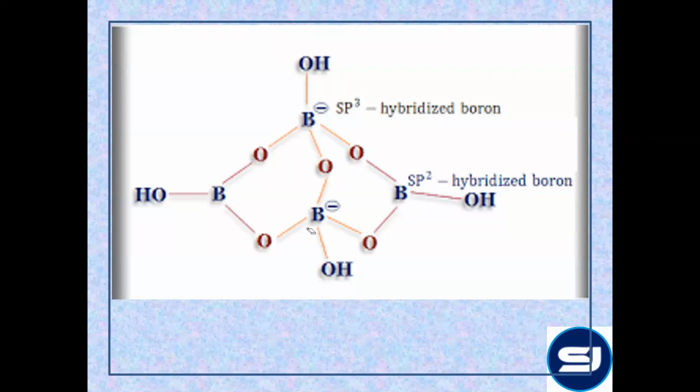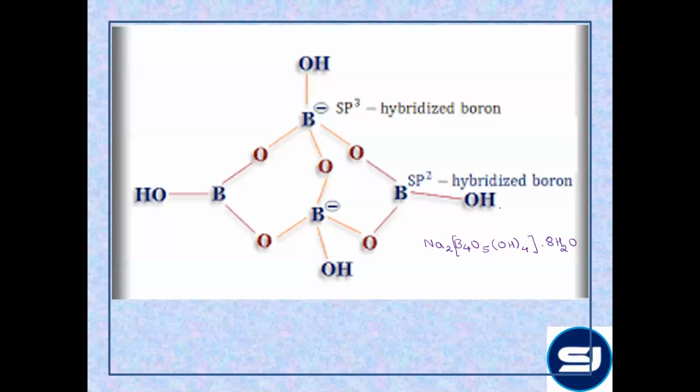The total number of B-O-B linkages is 5, and each boron is bonded to 4 hydroxy groups. That's how we get the formula Na2B4O5(OH)4.8H2O. This is a tetranuclear unit of borax through which we can identify the structure.